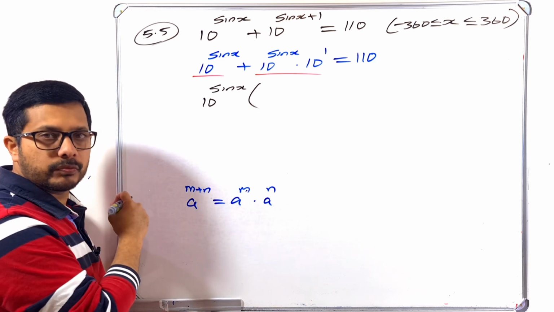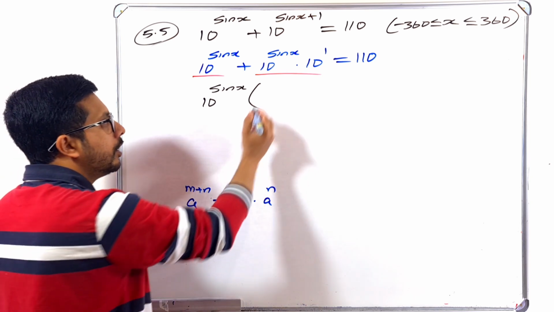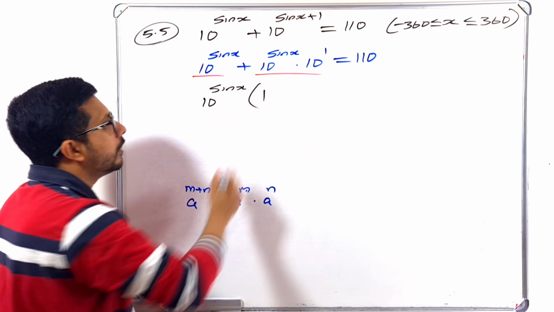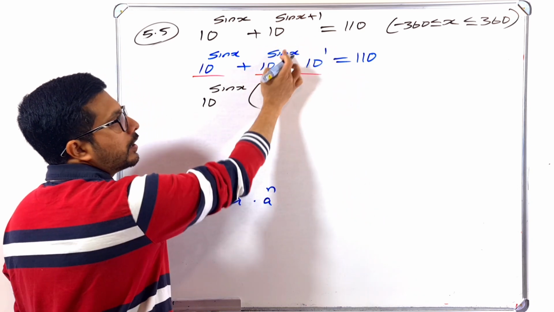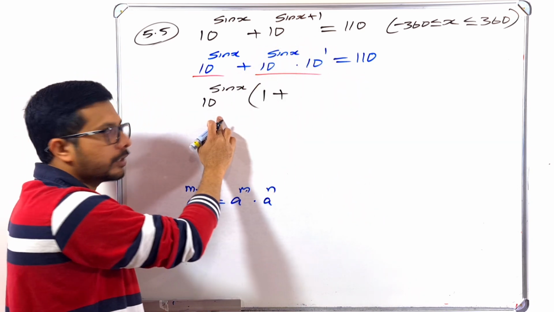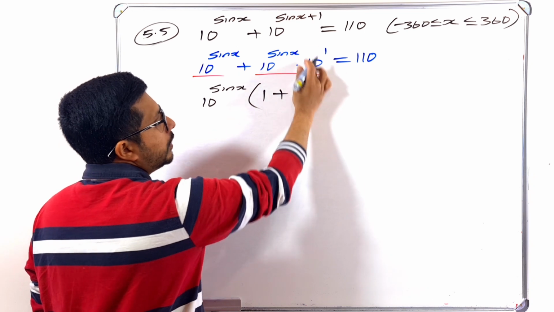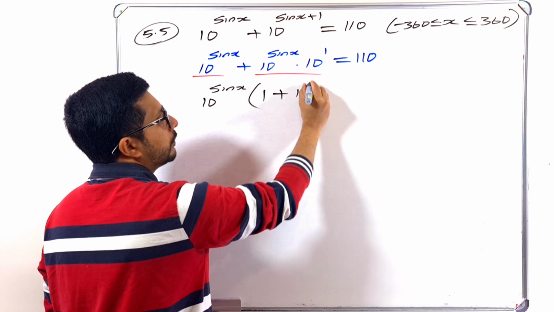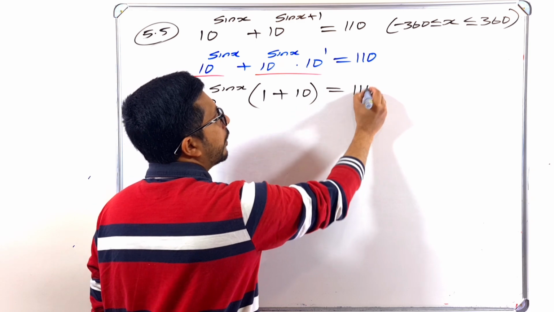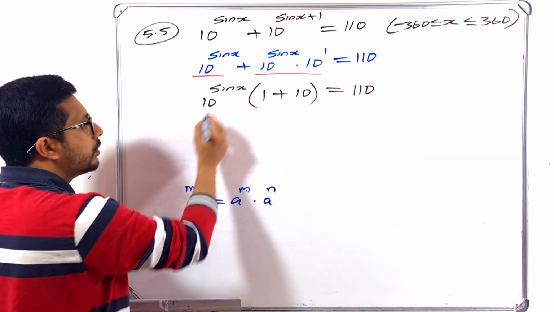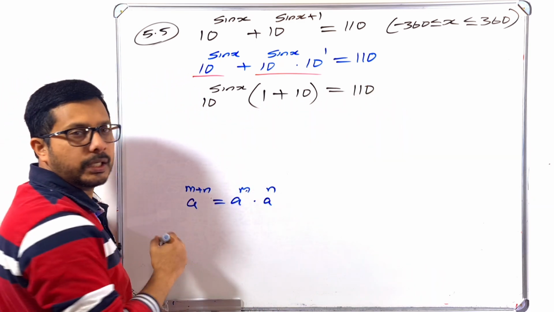The remaining is 1 plus, from here I took this 10 raised to sin x as common factor, so remaining is only this 10 raised to 1, that is 10. 10 raised to 1 is 10. So now 1 plus 10 is 11.